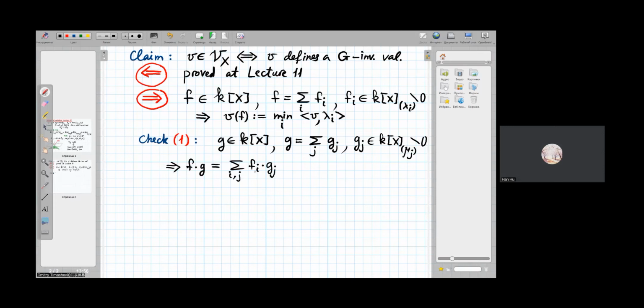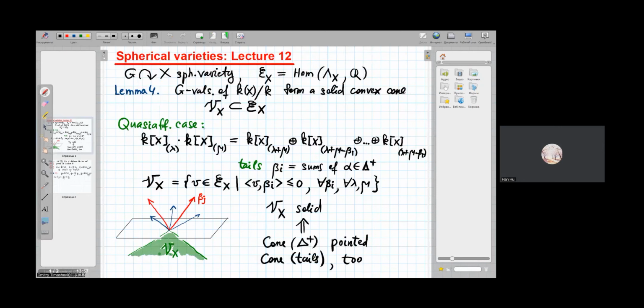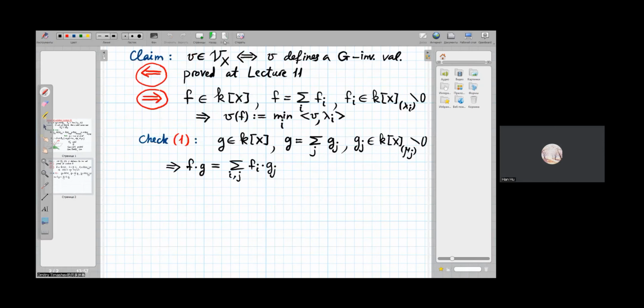In general, these products f_i times g_j are not in irreducible summands of k[X]. They are in products of two irreducible summands, and each of these products can be decomposed in this way using tails. So we have to look at this decomposition. We have to take highest weights which occur in this decomposition, and we have to evaluate the vector v at these highest weights and take the minimal value. This will be the value of v at f times g.